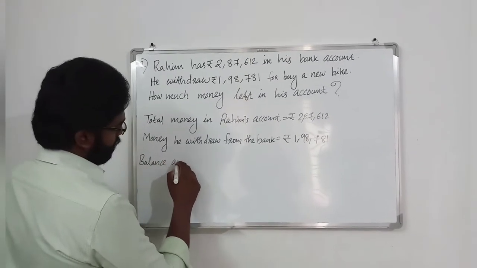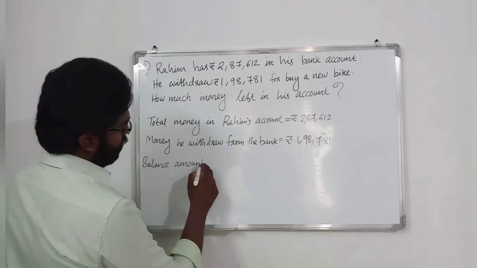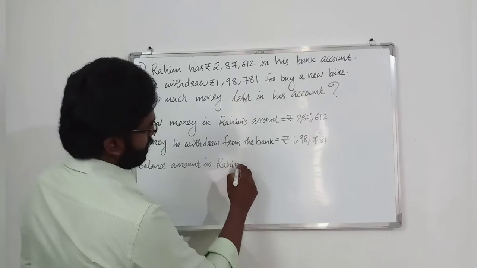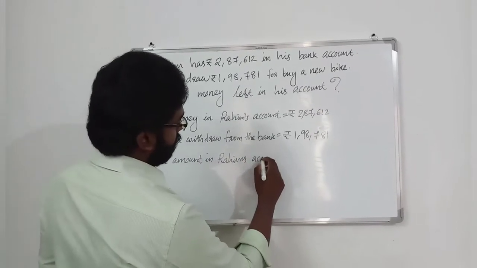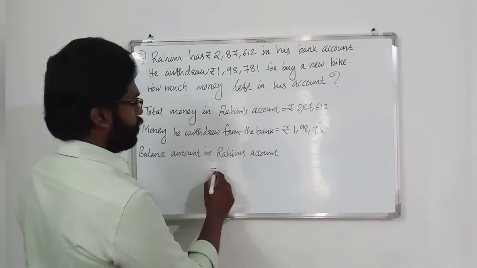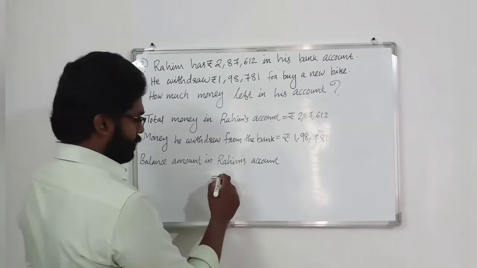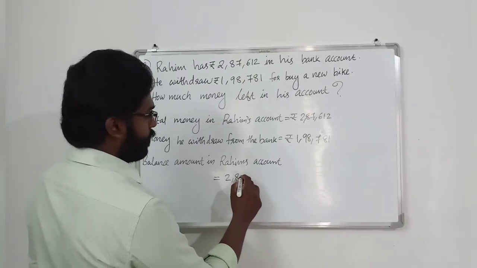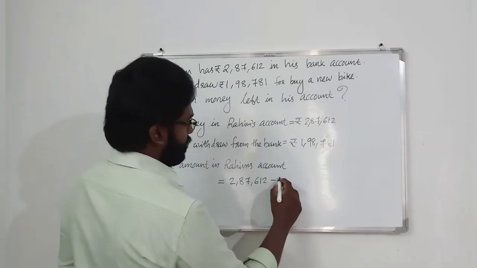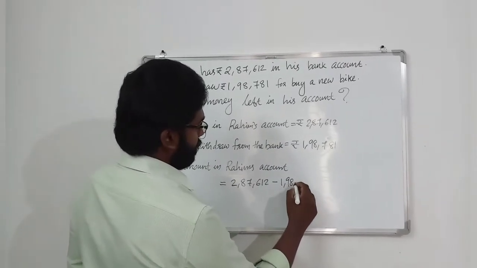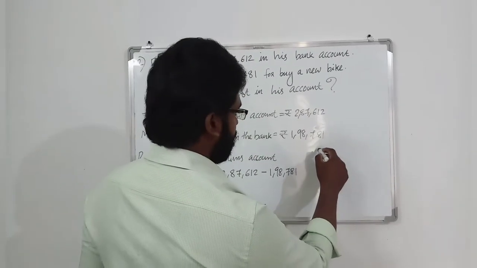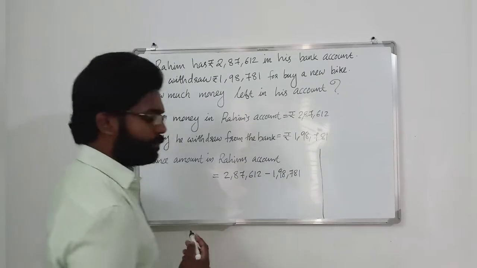Balance amount in Rahim's account, which is equal to subtracting this from this: 2,87,612 minus 1,98,781. So we can do the calculation here.